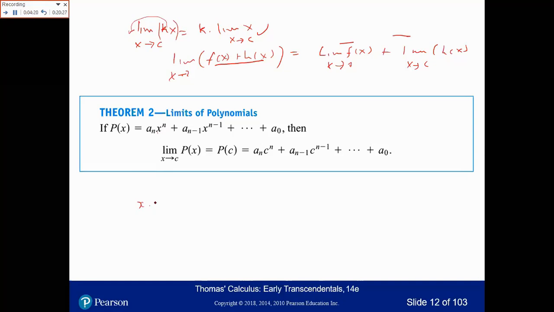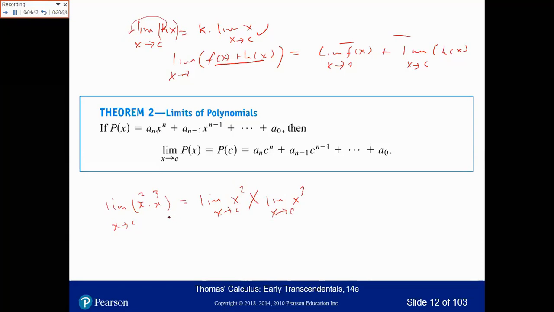Limit of x times x. Let's say as x goes to c of x squared, x cubed, whatever, is equal to what? Limit of each one separately multiplied, right? Limit of x squared as x goes to c multiplied by limit of x to the power 3 as x goes to c, right?